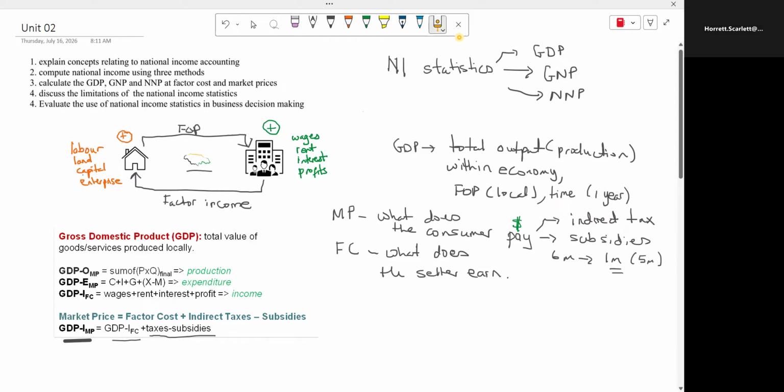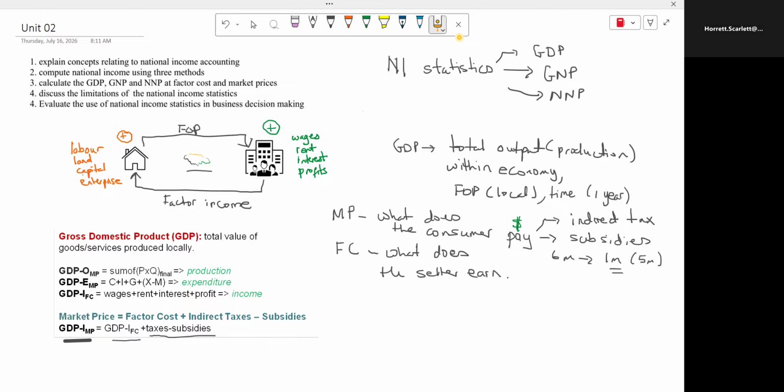It's important to note, though, that the concept of market price and factor cost has to be taken into consideration. Market price tells us what the consumer pays, and what the consumer pays can be different from the factor cost.